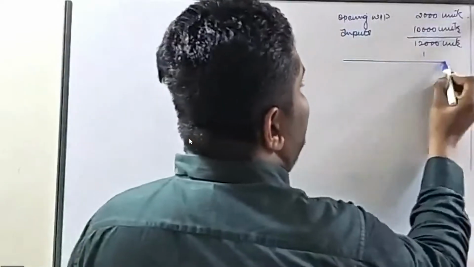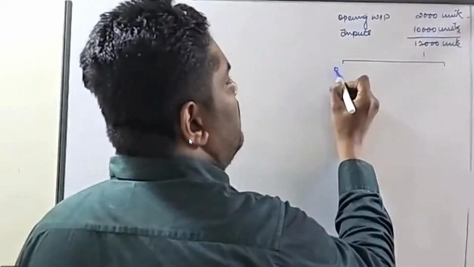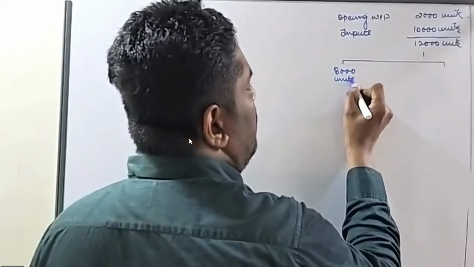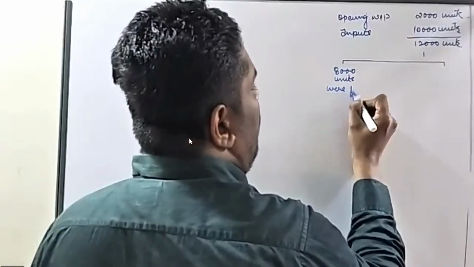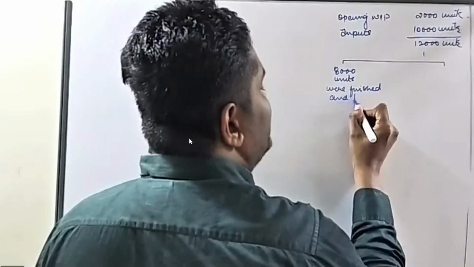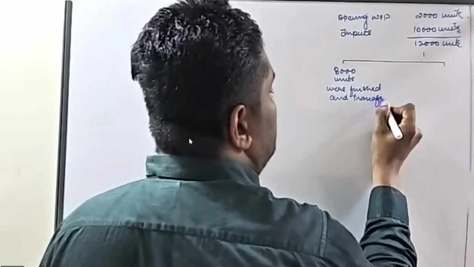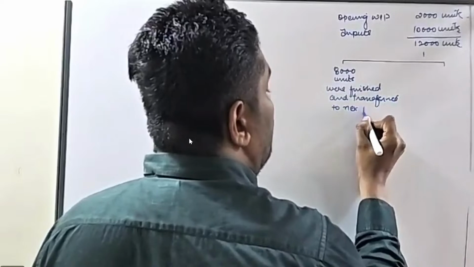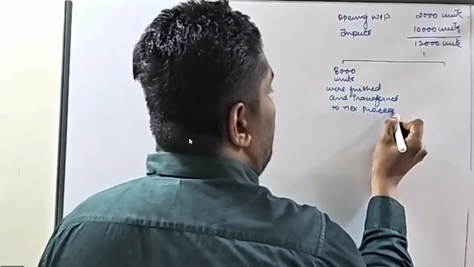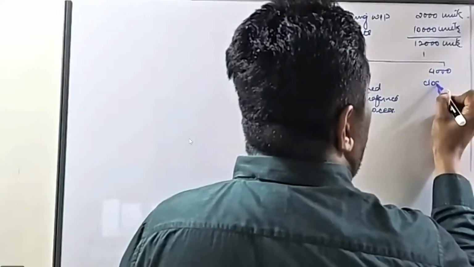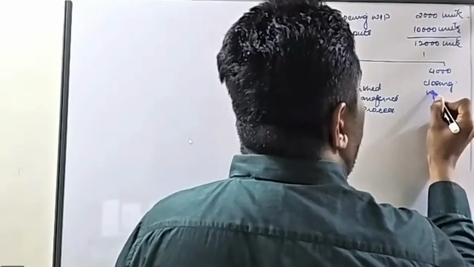Now, out of these 12,000 units, let's say 8,000 units were finished and transferred to the next process. And the remaining 4,000 units is what we can say closing work in progress.